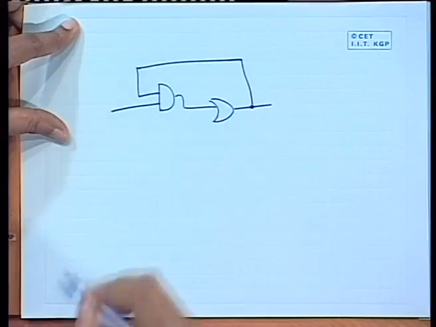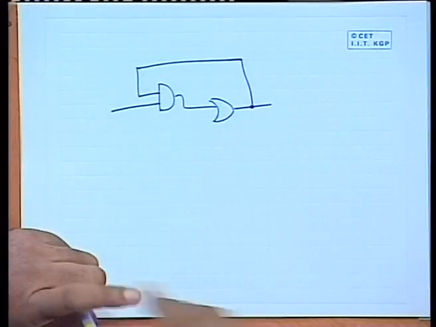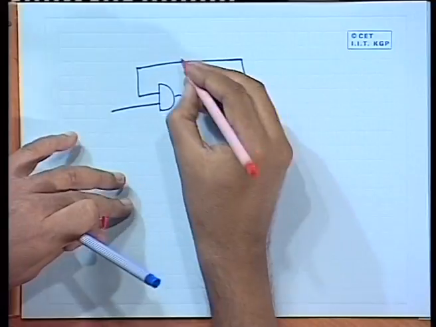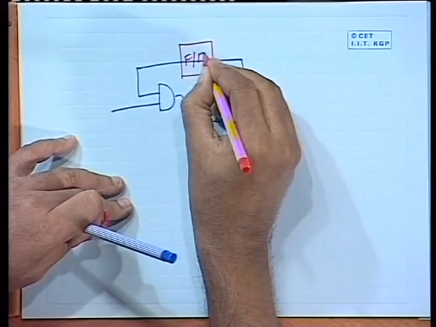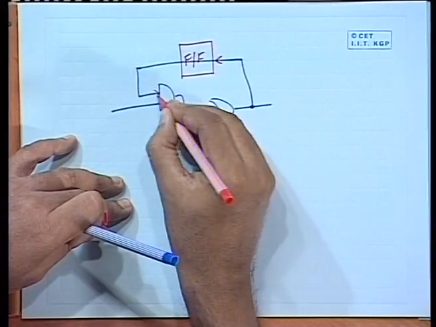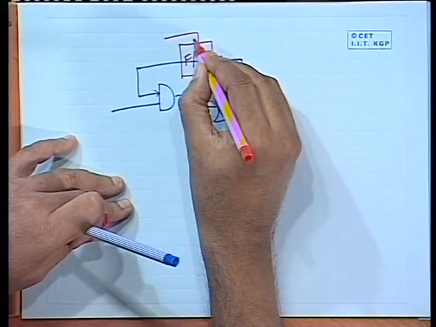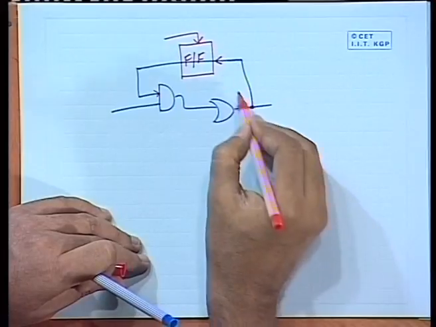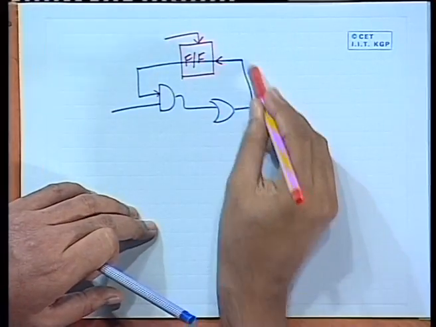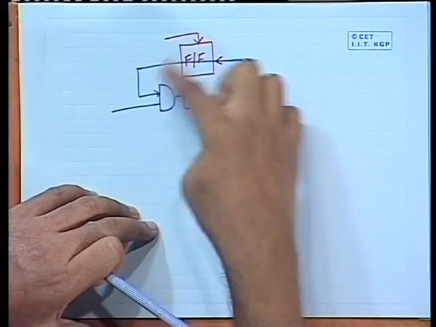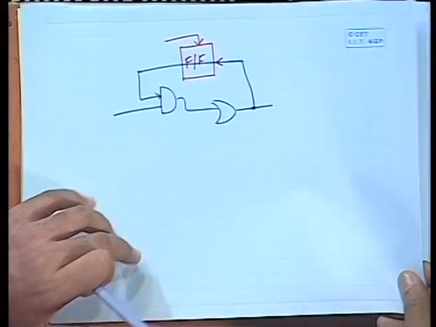This is an asynchronous feedback, but the designer will not mind if there were a flip flop in between. If there is a flip flop in between which is controlled by a clock, then this is a synchronous feedback. So, whenever there is a clock, only then the output value will come to the input, it will not come continuously.